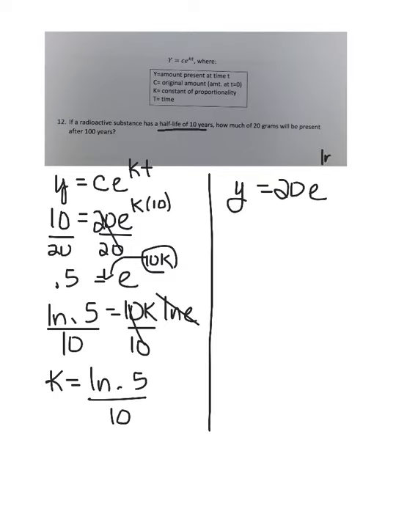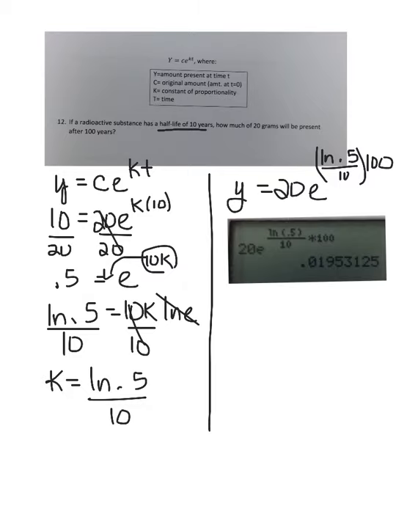It's the ln of 0.5 divided by 10, and it will be present after, here we go, 100 years. There's your time. Now, you may look at that and be like, oh my gosh, what am I supposed to do with that? Guess what? You have a calculator. You can plug all this in at one time and solve. So that's what it would look like, okay?